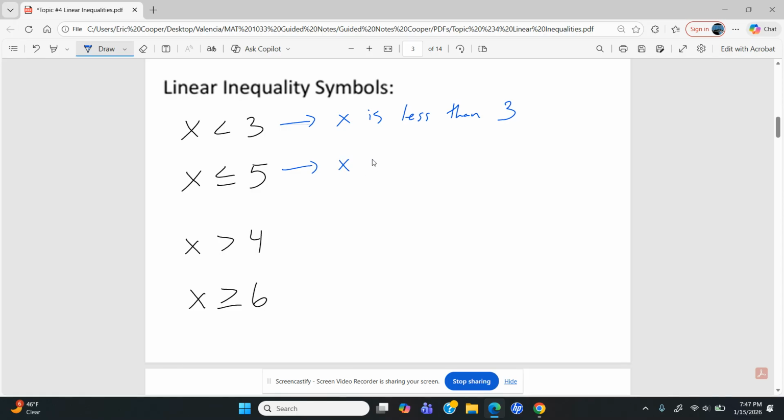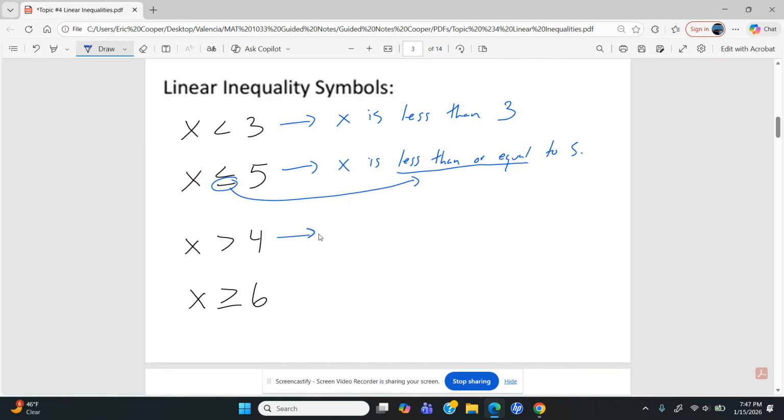For the second one, I have x is less than or equal to 5. Here I can include the 5 because it's less than or equal. I know I've got the equal sign underneath, so that's what tells me it is less than or equal to.